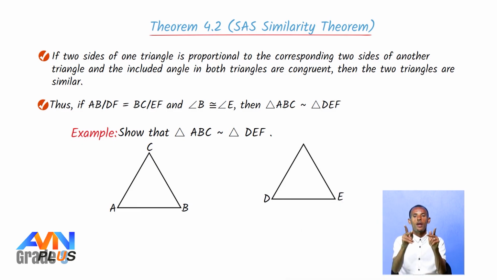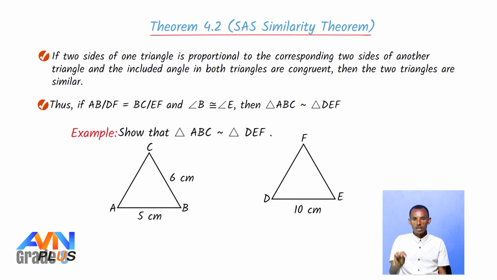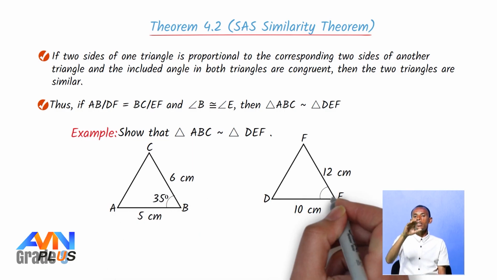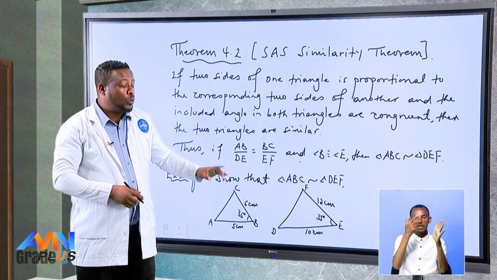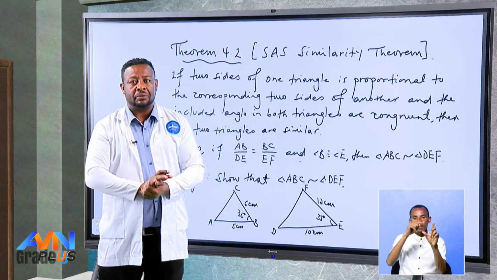Okay, assume the side AB is 5 centimeter, and this one is 6 centimeter, and this one is 10 centimeter. Say this is 12 centimeter. One more piece of information about these two triangles is, assume this is 35 degrees, and this is also 35 degrees. So in this example, we are asked to show that these two triangles are similar, right?